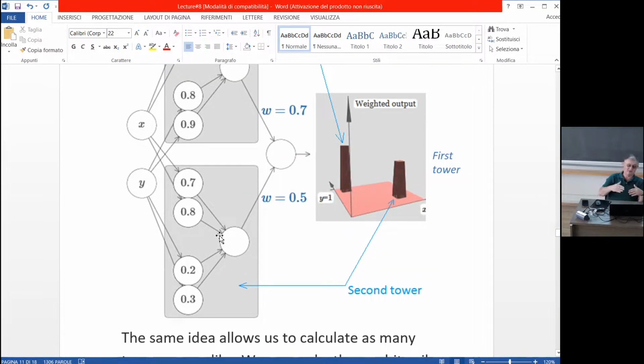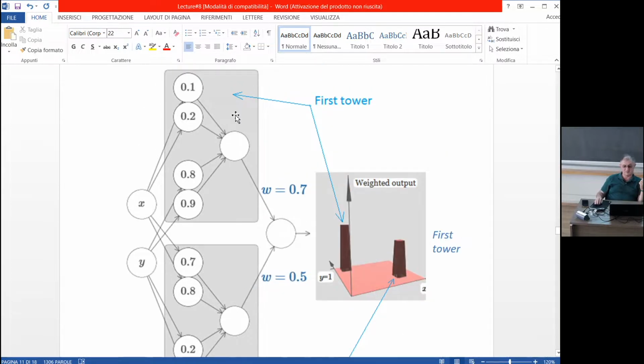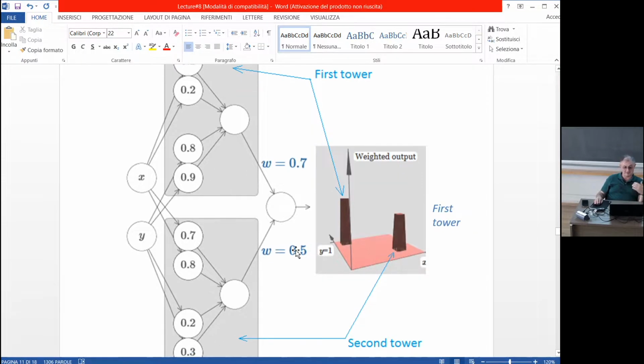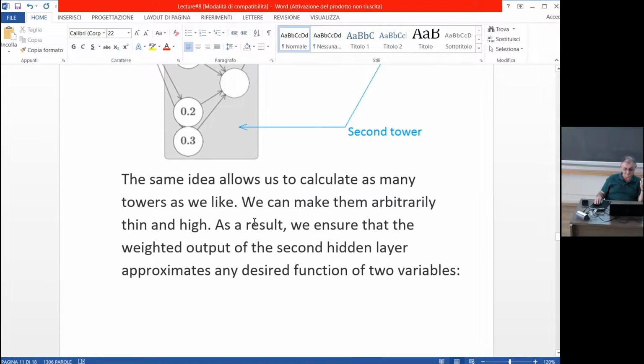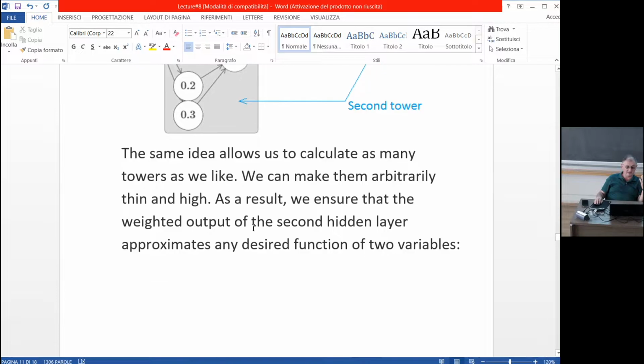So by simply adding the models, yes, the models x, y, and some models, we can add several towers. We can make them arbitrarily thin and high.